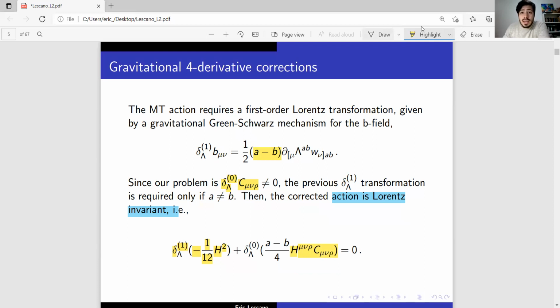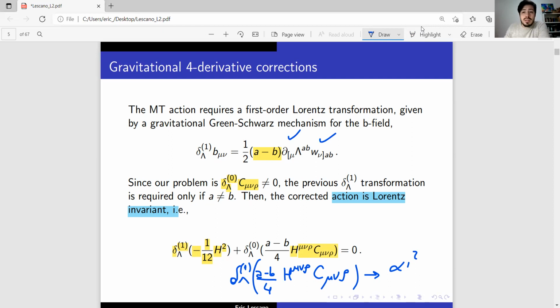Of course, you can ask what happened with this kind of contribution. For example, we have the Green-Schwarz mechanism acting on this term, acting on this one. This transforms under this transformation. We can transform in this way, but this is an alpha prime squared contribution, because we have two derivatives over here.